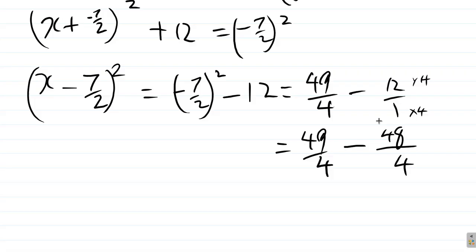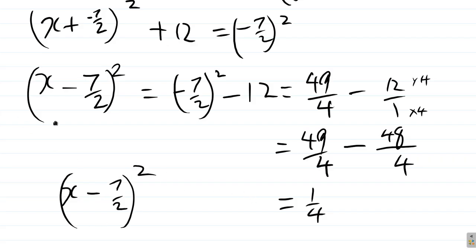So this is 49 quarters minus 48 quarters, which would give you 1 quarter. 49 of anything minus, you take away 48 of them, you're left with 1. So you have x minus 7 over 2 squared is equal to a quarter.